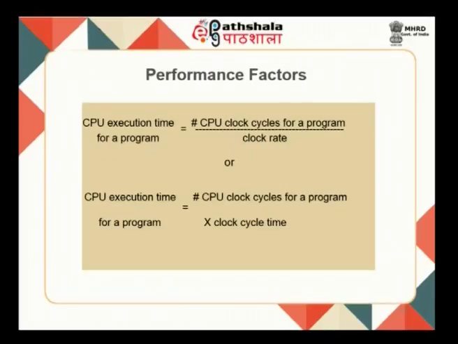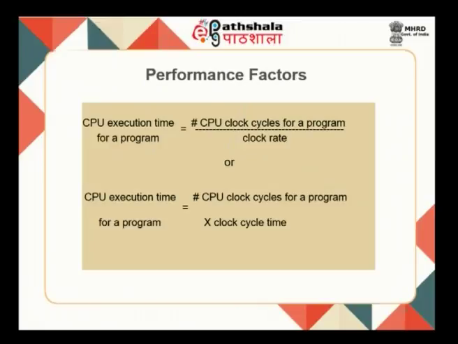Now, how do you find out the CPU execution time for a program? You can find out the total number of clock cycles that a program takes. Each program is made up of a number of instructions, where each instruction will take a number of clock cycles to execute.